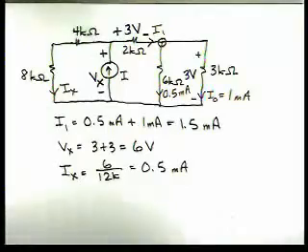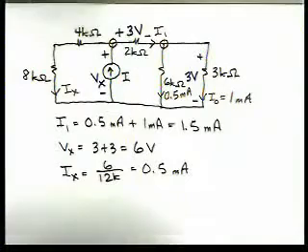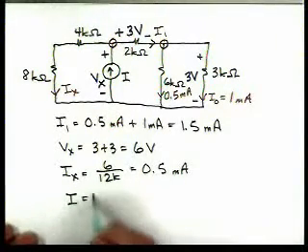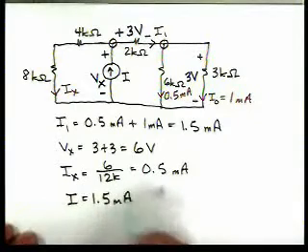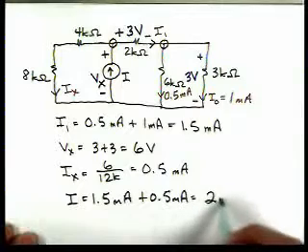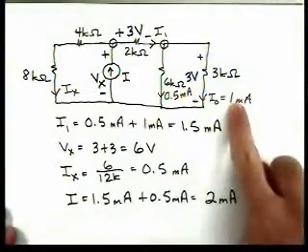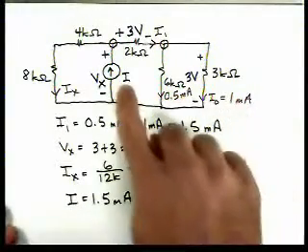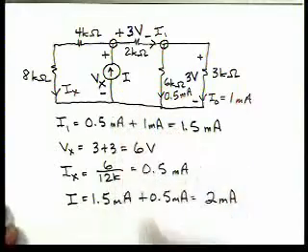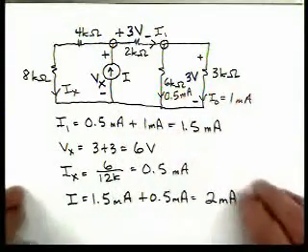And now, if we apply Kirchhoff's current law at this node, the current I then is 1.5 milliamps plus 0.5 milliamps, which is 2 milliamps. So if we notice then that when this current is 1 milliamp, this current is 2, so this tells us there's a constant proportionality. Basically, I0 is 1/2 I.